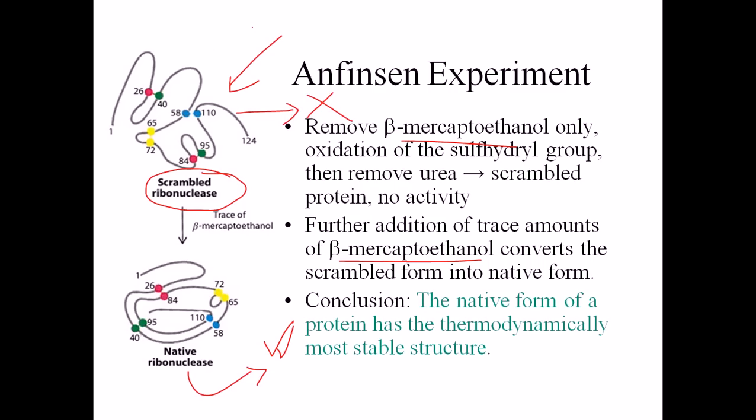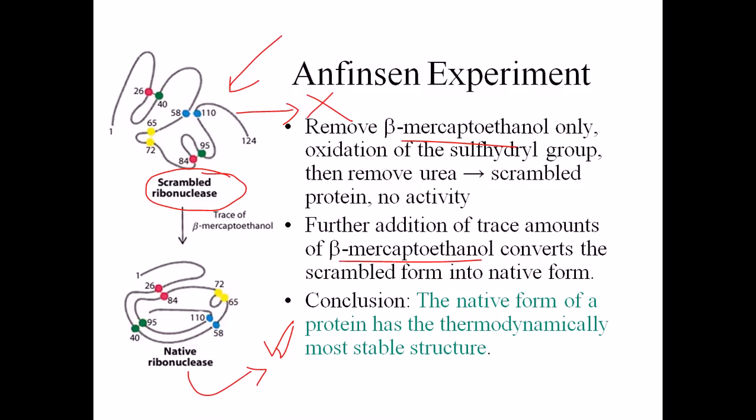Okay, and we can also think that these disulfide linkages are important, because when we just first remove this beta mercaptoethanol, the disulfide linkage is formed, but it is not the sequence we needed for a properly active enzyme.